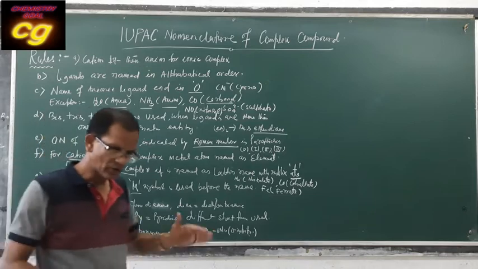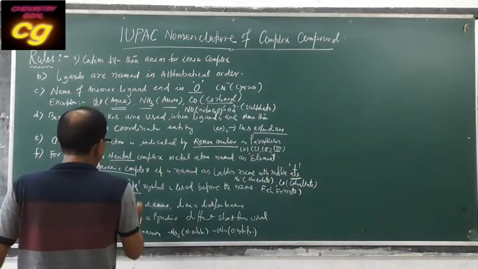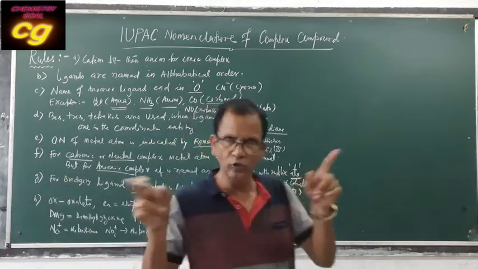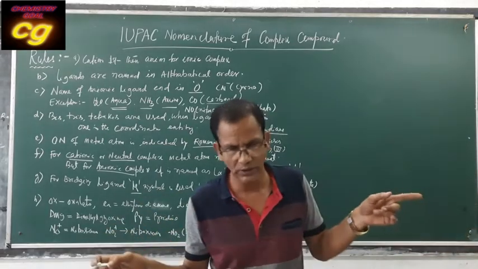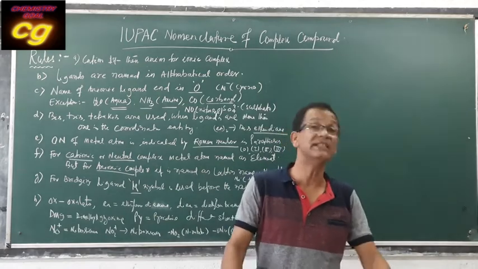If the ligand is a bridging ligand, meaning the ligand is connected to two metal atoms, that is called a bridging ligand.